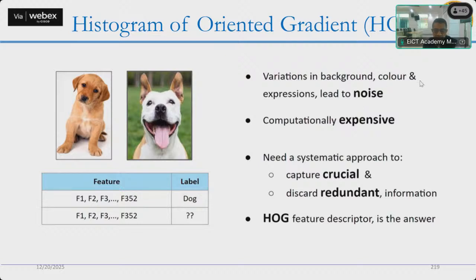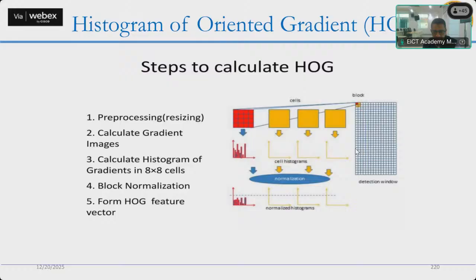But the problem is that whenever you take the colors, it becomes computationally expensive. Then you need a systematic approach to capture crucial information and discard redundant information. So HOG, or histogram of oriented gradients, proves very useful here.